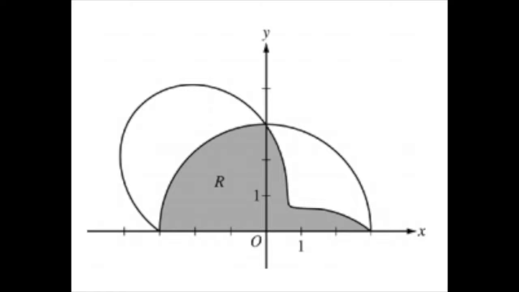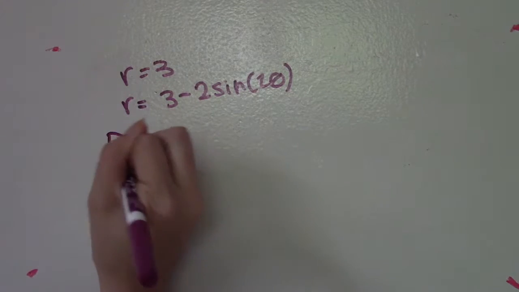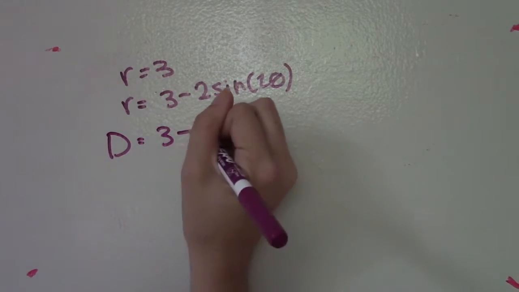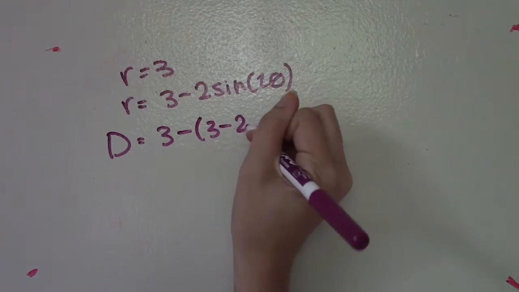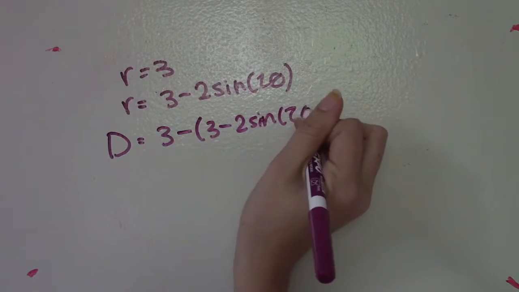In this case, because it's asking when theta is greater than 0 and less than pi over 2, we can see that r equals 3 totally encompasses r equals 3 minus 2 sine 2 theta. So our distance between the two is going to be 3 minus 2 sine 2 theta.